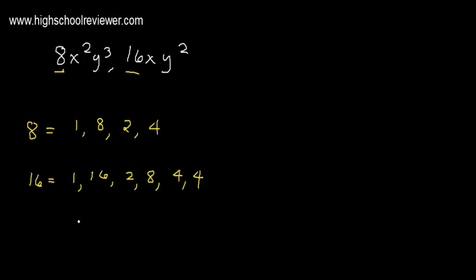And then we will find here the common factors. We have here 1 and 1, and we also have 2 and 2, and then 4 and 4, and 8 and 8. But the greatest common factor is the number 8. So the GCF now of 8 and 16 is 8.